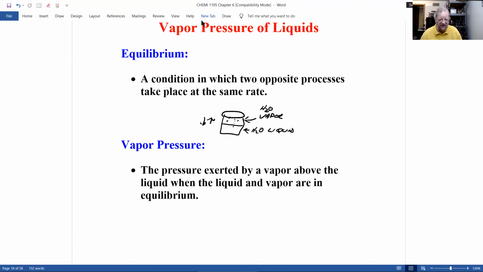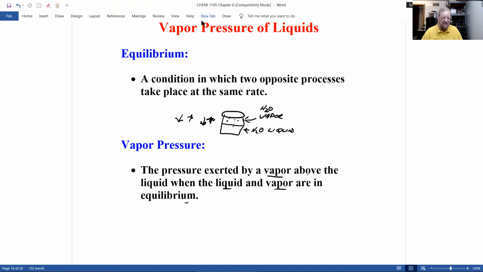And the vapor pressure is the pressure of the vapor above the liquid when the vapor and liquid are in equilibrium. That means as much liquid is becoming gas as gas is becoming liquid. It goes back and forth.